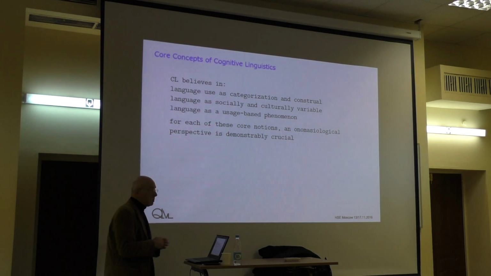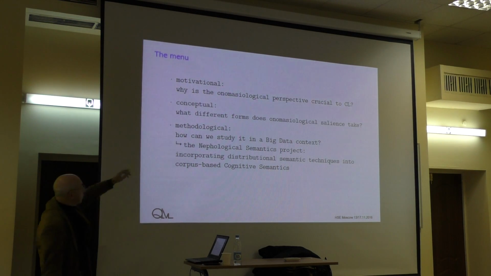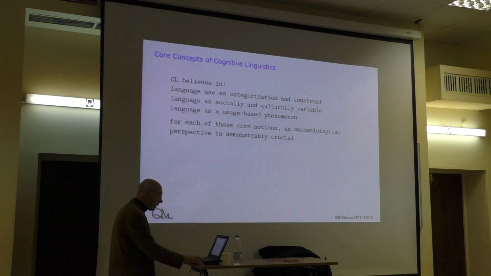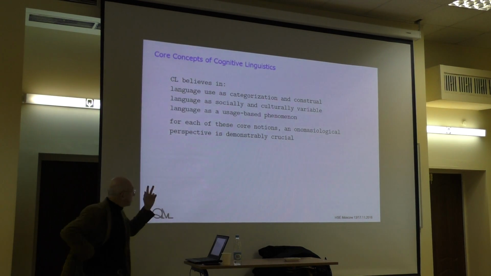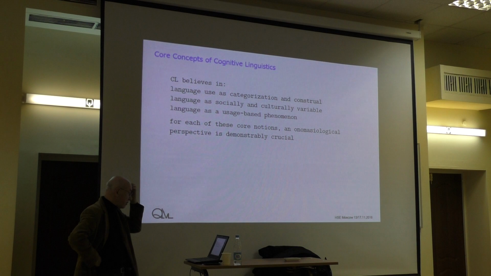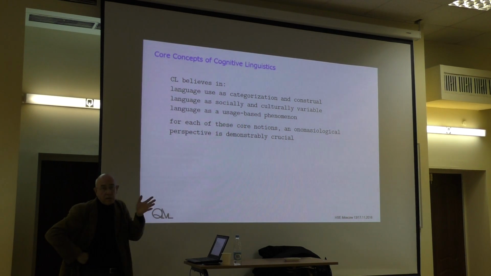And you can now argue, so remember that I wanted to ask this motivational question, why is an onomasiological perspective crucial? Well, if you take these features of post-Chomskyan, non-formal, etc. approaches, then you can say, for each of them, that it's quite relevant to take an onomasiological perspective.